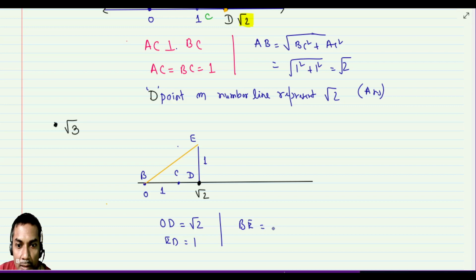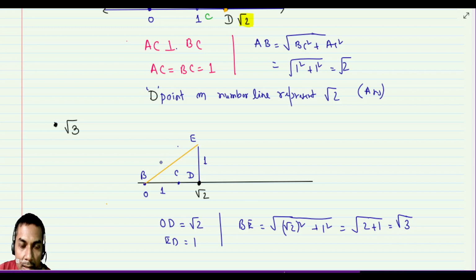BE is equal to root of root 2 square plus 1 square, meaning 2 plus 1, that is root 3. Clear? We get this hypotenuse as root 3.